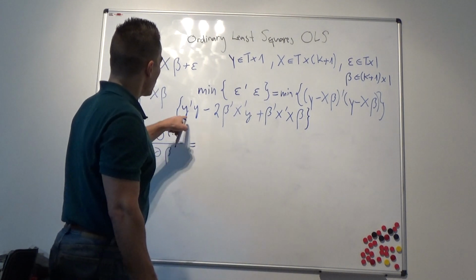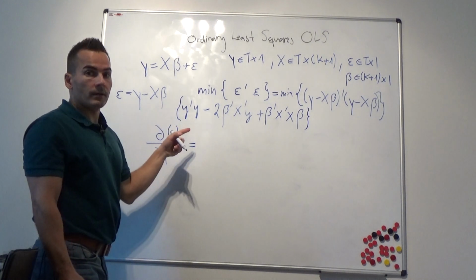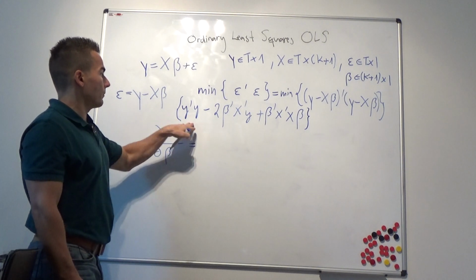The first term, Y transposed Y, has no beta, so if we take the derivative, this becomes 0 and we can skip that.